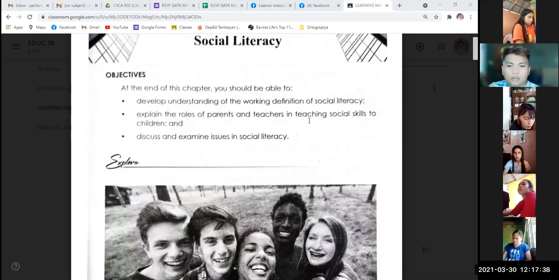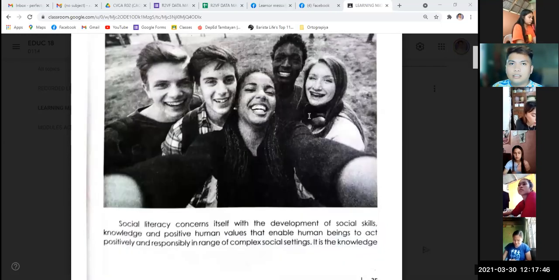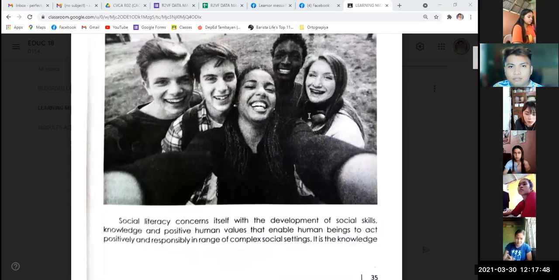We'll also try to understand some principles in teaching in relation to social literacy. The trend right now is integrative learning, so we are integrating across curriculum, across subjects.